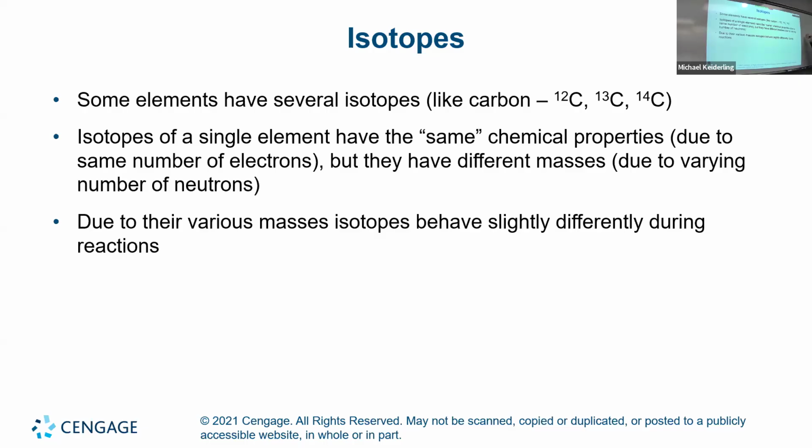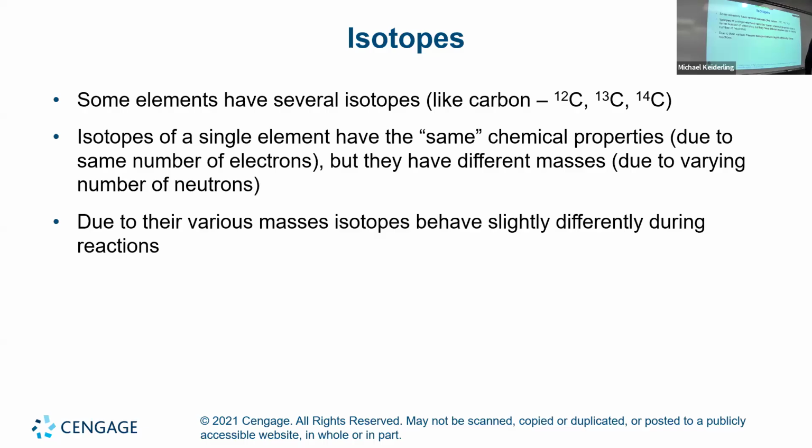So isotopes of a single element will have the same chemical properties. They have the same number of electrons. They do chemistry the same, or more or less the same. The only thing that varies is their mass. This could have a slight difference in chemistry for some of the lighter elements where there's a bigger change in mass.